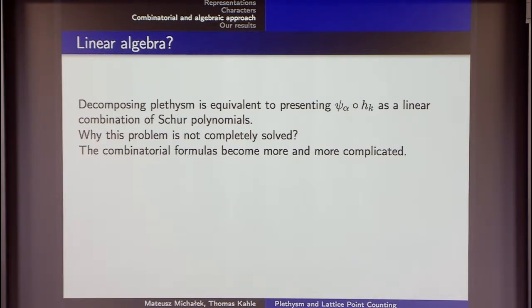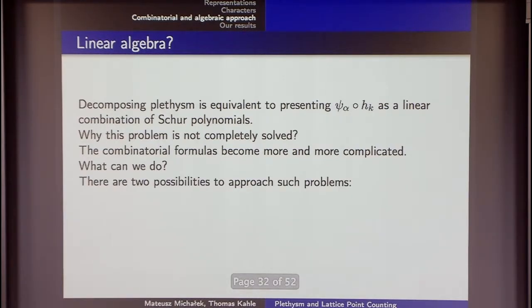I mean, you can try to do it combinatorially or using linear algebra, but the formulas become complicated, the computations become more and more complicated. But we still have our aim. We really want to understand low-degree polynomials in arbitrary polynomials. So we don't care if it becomes complicated. We have to do it. So what can we do? I think there are two things in general that one can do in such a case.